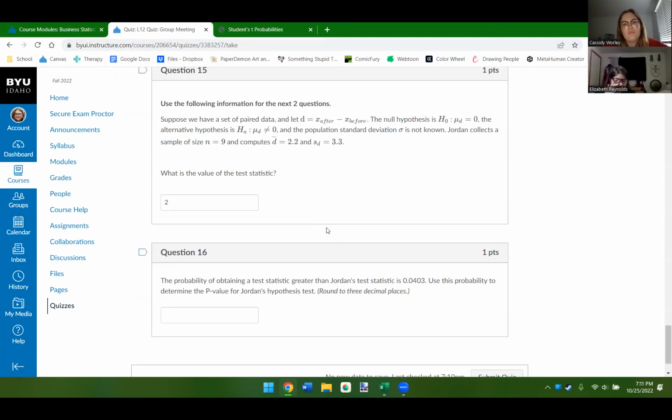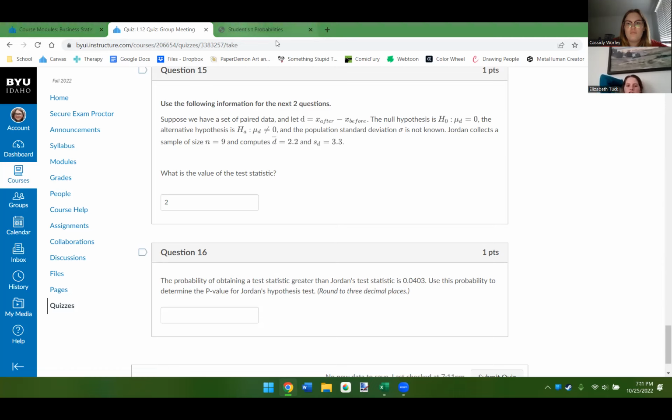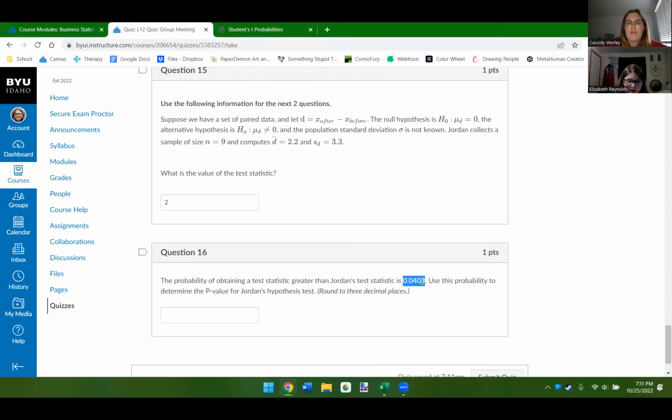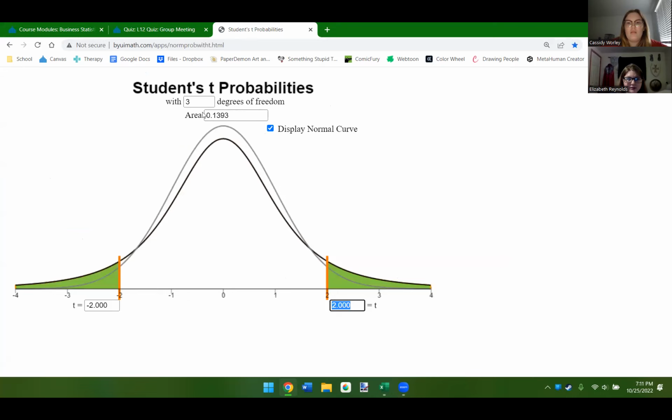Because they're giving us the probability of obtaining a test statistic greater than 0.0403, and then they're asking us to determine the p-value for Jordan's hypothesis test. So really, is the 0.0403 supposed to help us? I'm sure it's in there to help us, but we're just looking for his p-value. Maybe this is our starting point and then we highlight. But I'm confused because they don't give us the degrees of freedom that we would need for this.